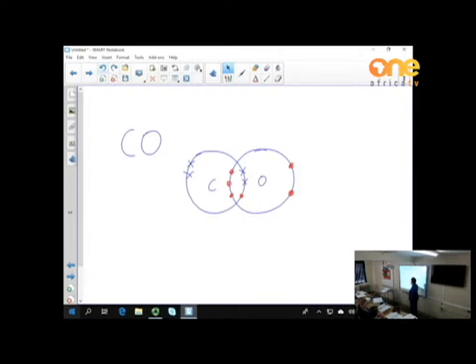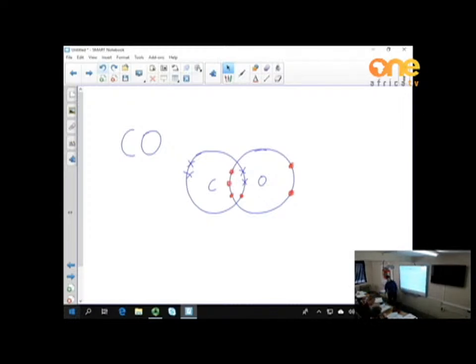Yes, once that bond is formed, you can't distinguish it from the others. All right, but that's to explain the formation of carbon monoxide. It's a co-ordinate bond. Yes, it's also a bonding pair. All right, a co-ordinate bond in the carbon monoxide molecule.